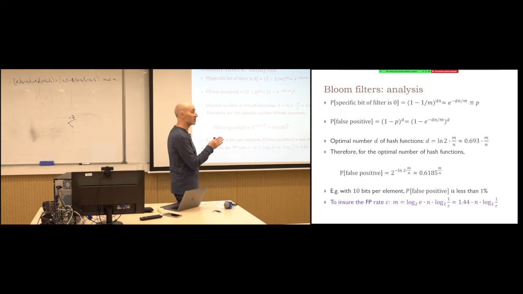Yes, a fixed bit. Assume I have already inserted n keys. The question I ask is, what is the probability that a fixed bit is still 0, has not been turned to 1?